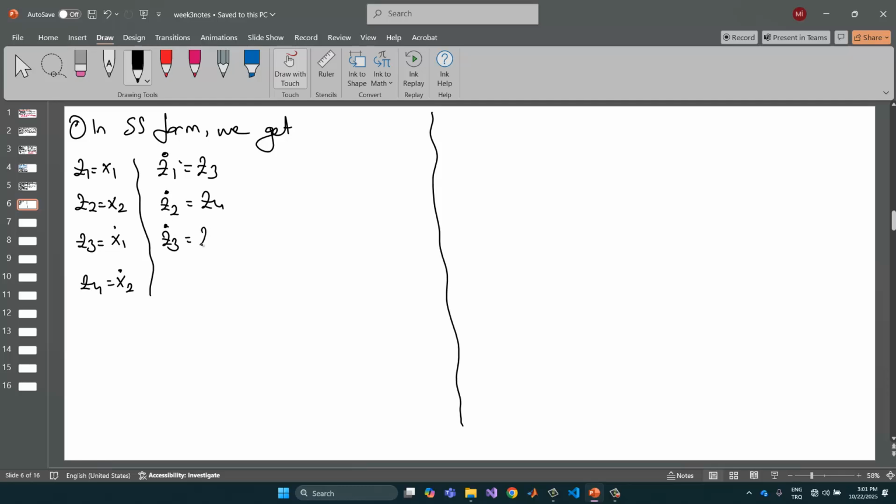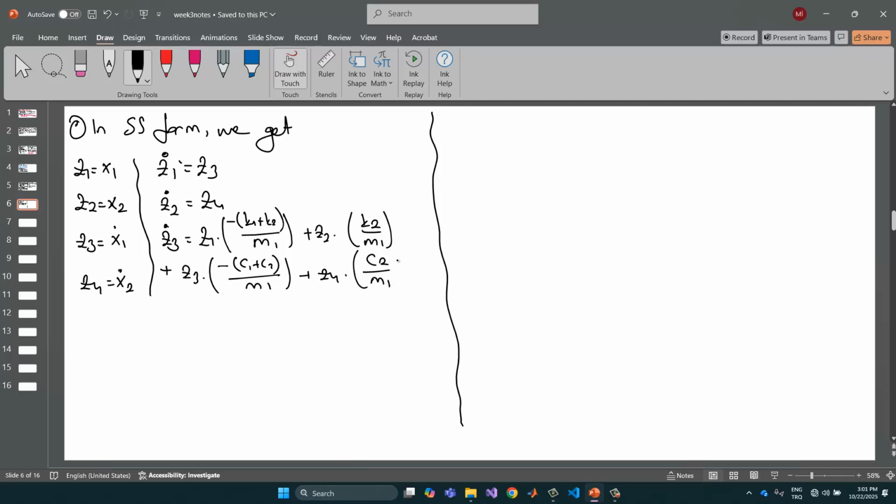And so z1 times minus k1 plus k2 over m1, and z2 times k2 divided by m1, plus z3 times minus c1 minus c2 over m1, plus z4 times c2 divided by m1.